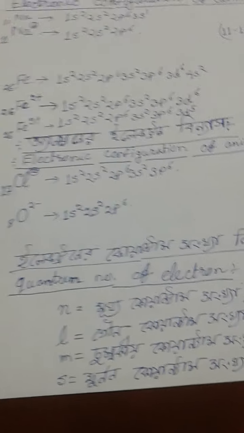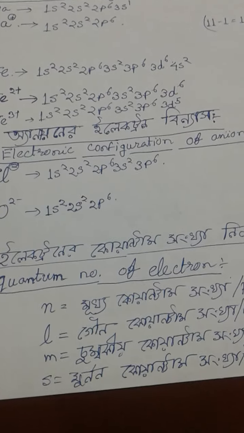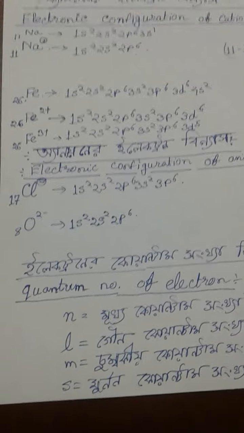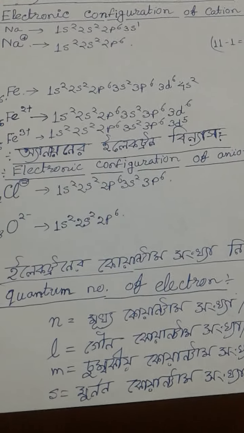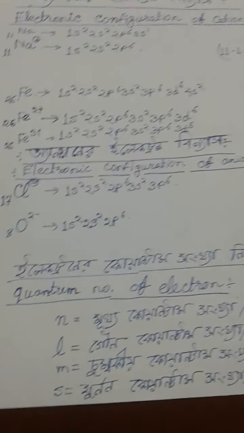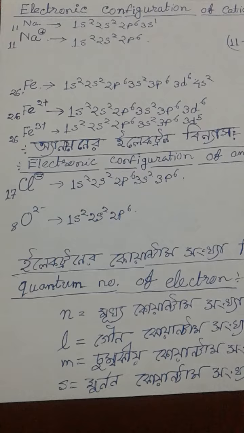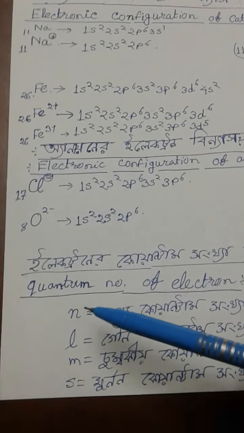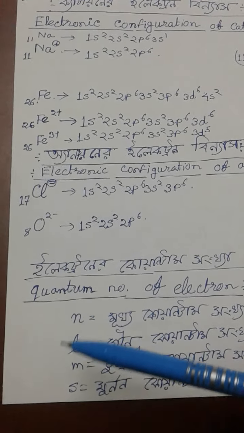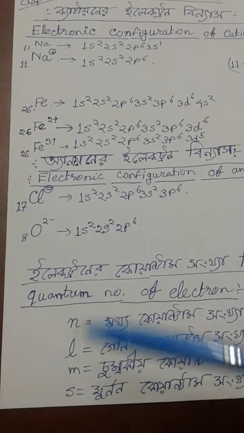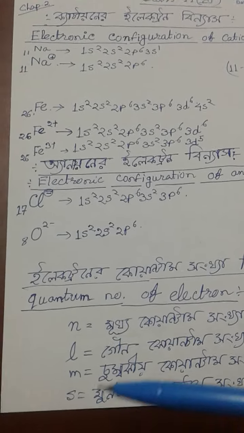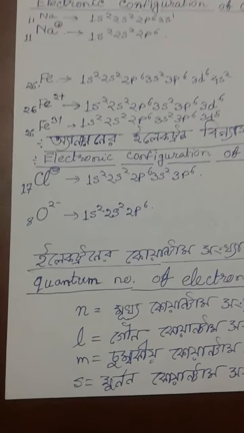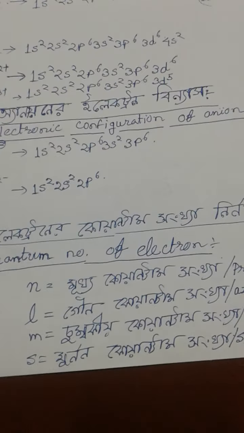In the pin number, the state, the country, the post office, the police station, everything is considered. Similarly, we use quantum numbers to identify each and every electron present in the atom.